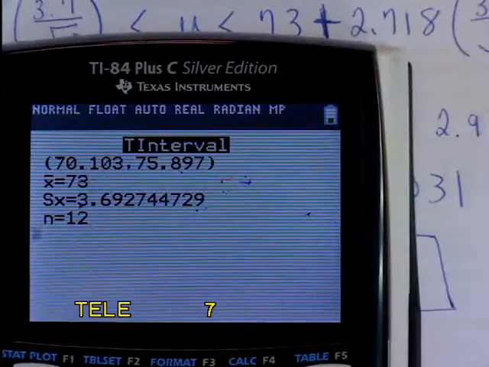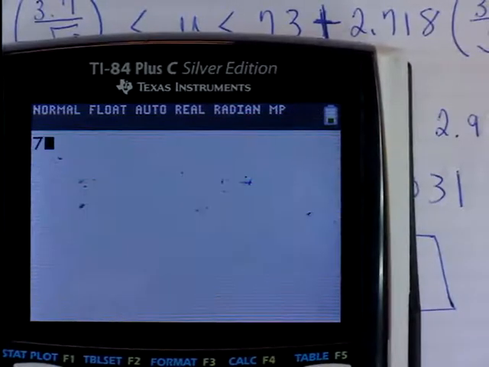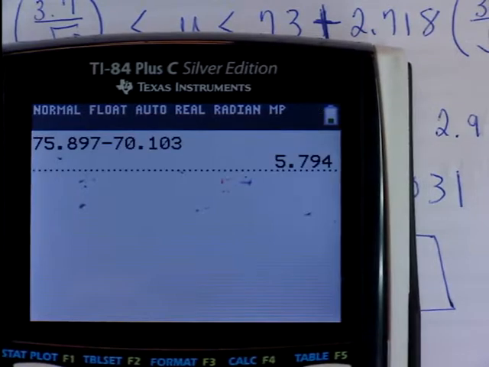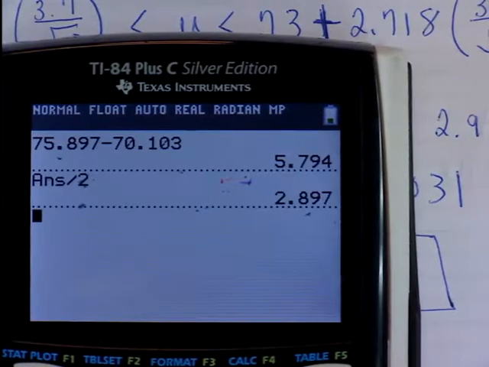Here's the trick. The confidence interval width without rounding divided by 2. 2.897, which when we used a standard deviation of 3.7, our E was 2.9031 a few moments ago.